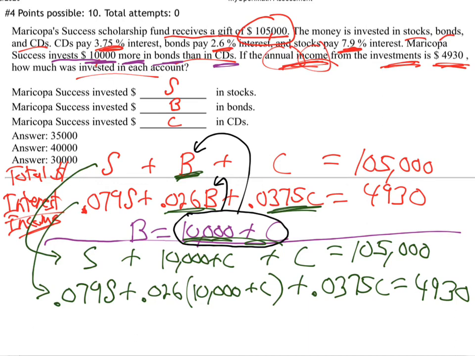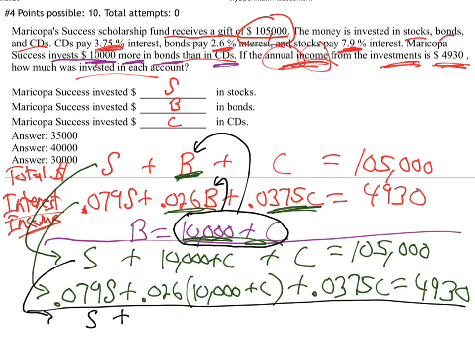See how now we have 2 equations that only have 2 letters? Be a little bit easier. There's just S and C. No more B.